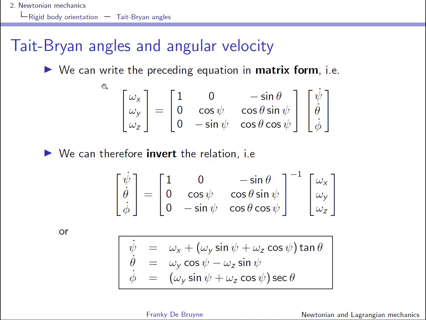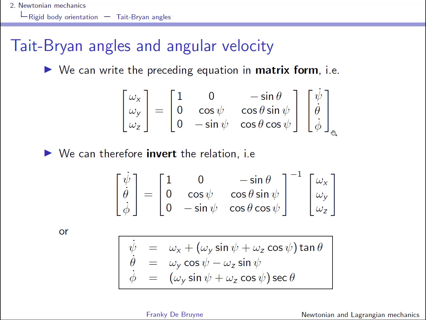I've written the preceding equation in matrix form, right? So this is your angular velocity vector. It's linked to the derivatives of the Tait-Bryan variables: psi, theta, phi, yaw, pitch, rho. And sometimes I want the relation to be the other way around.